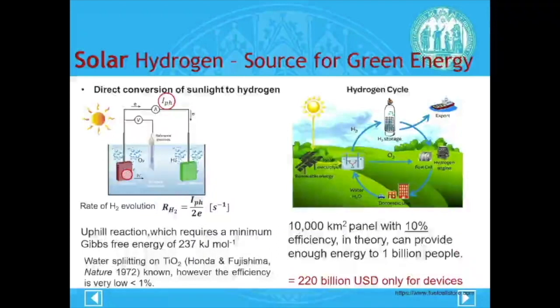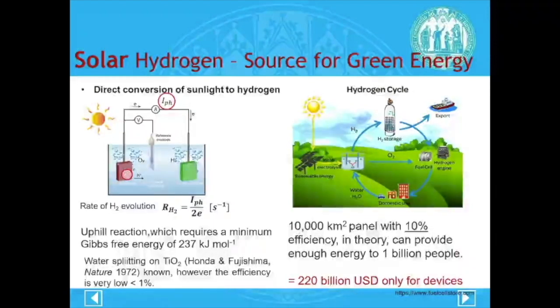But if you really want to have hydrogen like we do in the commercial electrolyzer, by photoelectrochemistry, then we need the right materials. So it's not only a question of scale, it's also a question of cost. The reaction is feasible. We know that we just need 1.23 volts theoretically to split water.